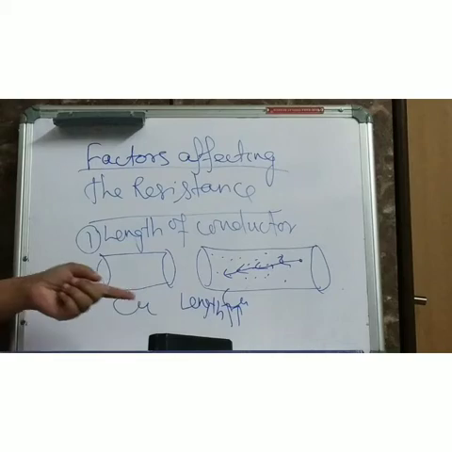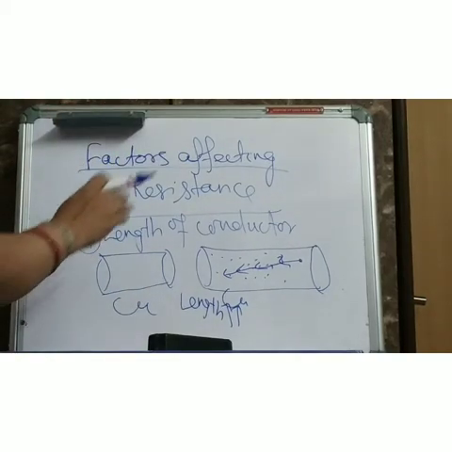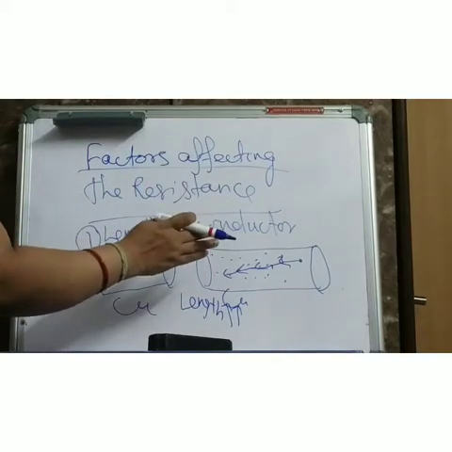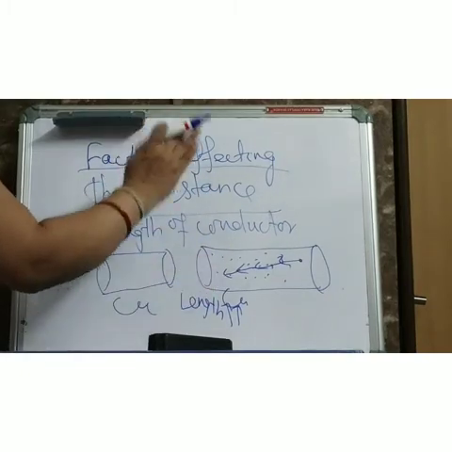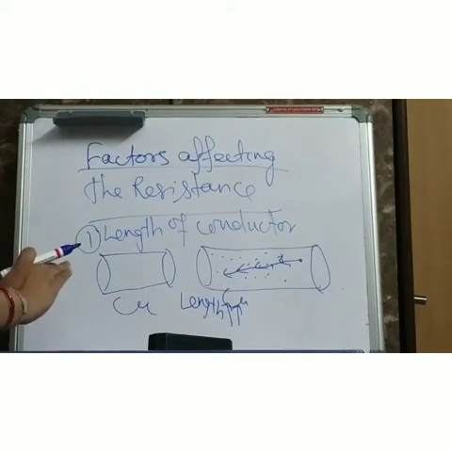If length is more, collision is more. And we have observed, if collision is more, this movement is slowing down more. So more collision means more obstruction, and more obstruction means more resistance.